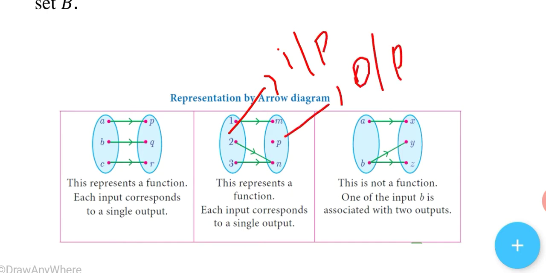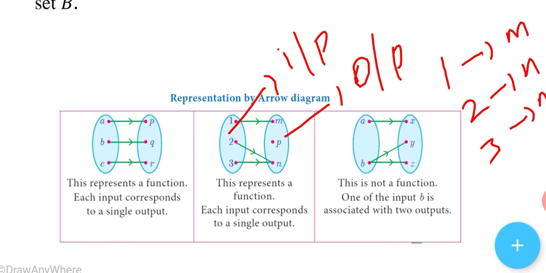Okay, now we are going to see the relation between input and output. 1 in input is associated with M, 2 in input is associated with N, 3 in input side is associated with N. Okay, do not confuse this N and N. It is the output side, but we need to be careful with the input side only.